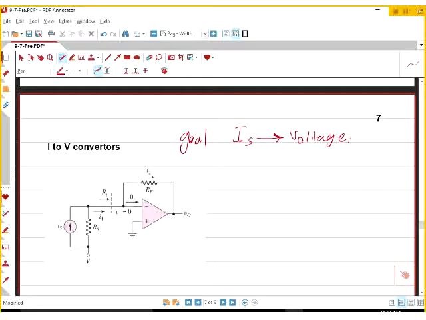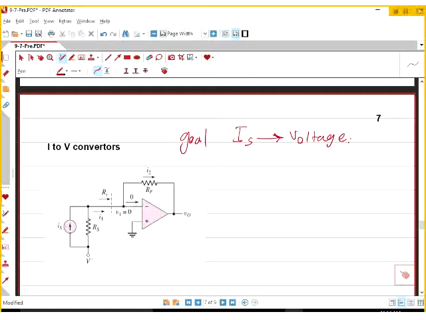Now I tell you where is the application of this type of circuit. Some of the sensors, they don't generate voltage for you, they generate current. Like what? Like piezo crystal sensor, or a load cell, when you push that crystals together, it's going to generate a tiny bit of current for you, right?